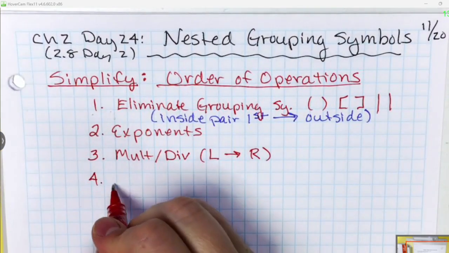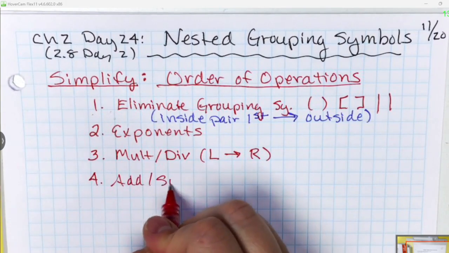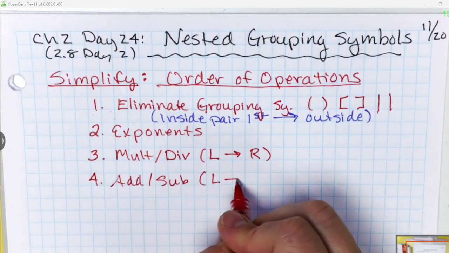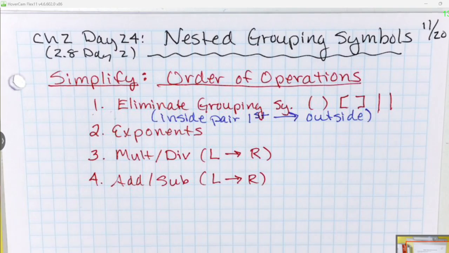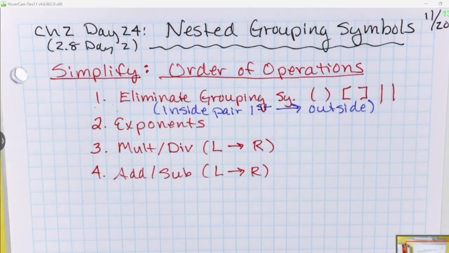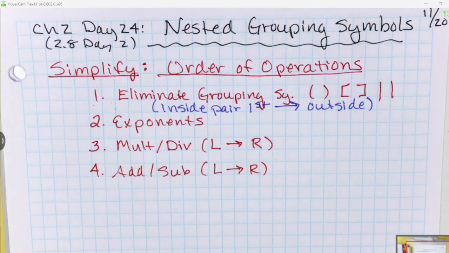And then your last step is your add subtract step. And that one is also left to right. Now, exponents does not have to go left to right. But if you go left to right, it's not going to hurt anything. So when in doubt, go left to right and you'll be fine. All right, that is your order of operations. And in solving, your whole first step is doing this stuff, simplifying.